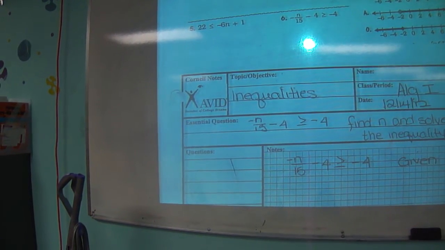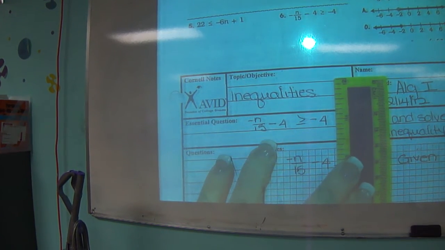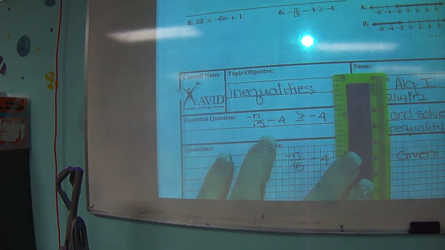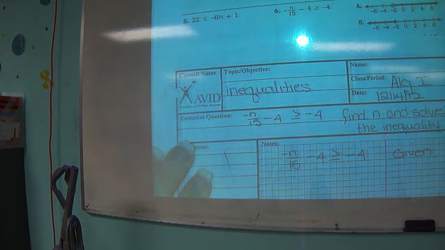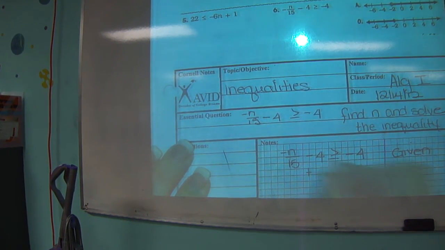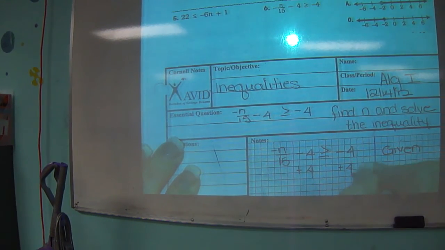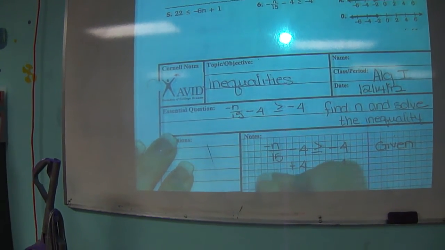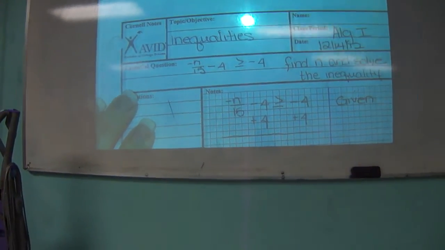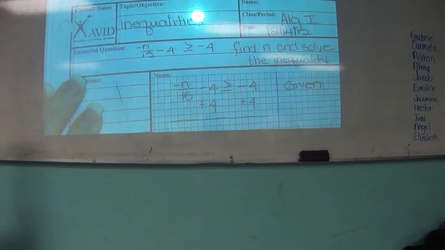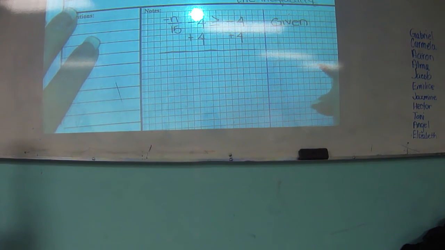Add 4 to both sides. Add a positive 4 to both sides. I'm going to just stick a line in here so we can do a me chart. Okay, so I'm going to add 4 because Maya told me to. And what are we doing when we're adding 4? What are we doing with the inequality? What do we call it?